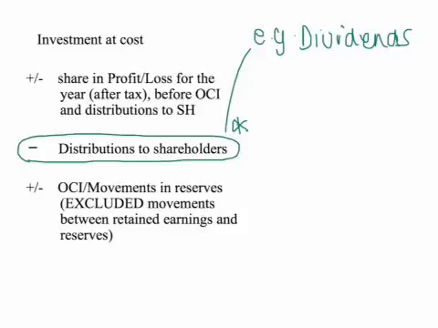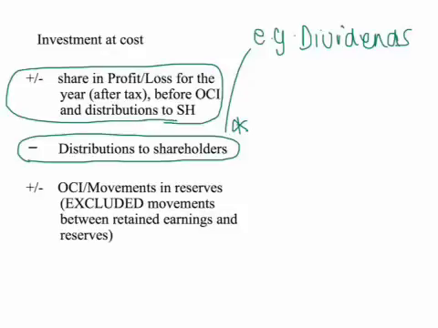The reason for that is that when we adjusted for our share in profit and loss before distributions to shareholders, the investor in effect already accounted for his share that he received in dividends, so his share in the associate's equity. So if we record our dividend income as well, we'll be in effect double accounting for that.